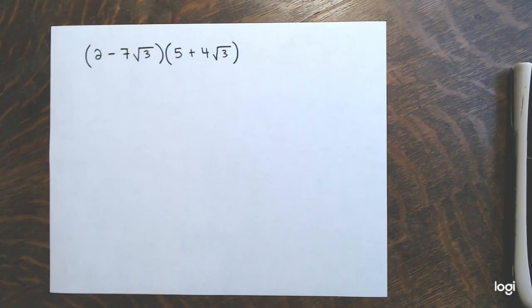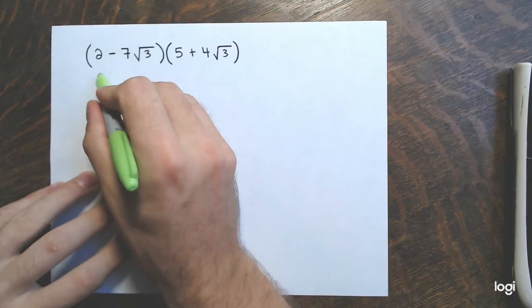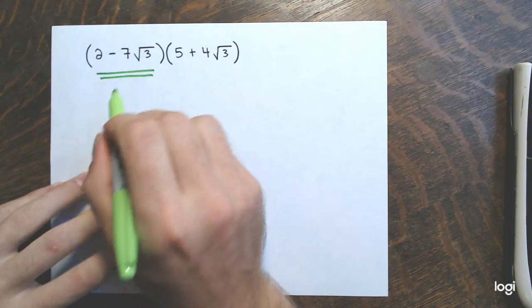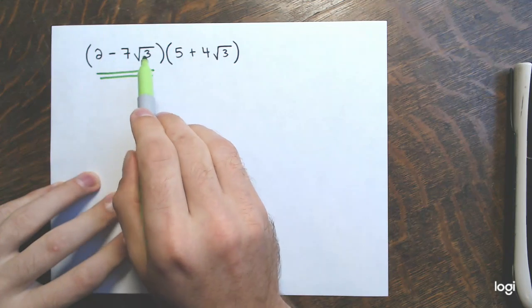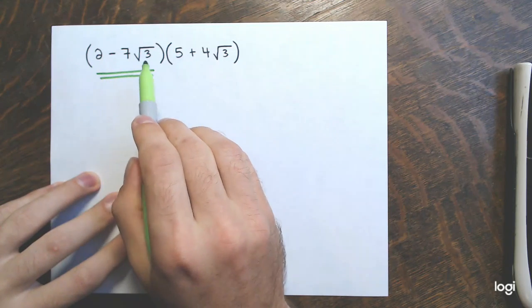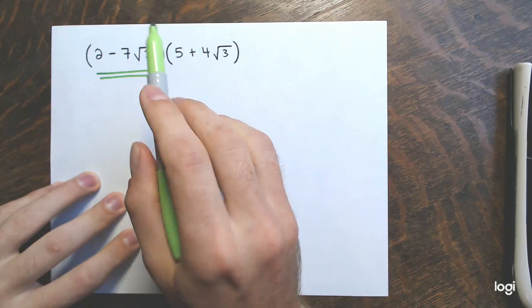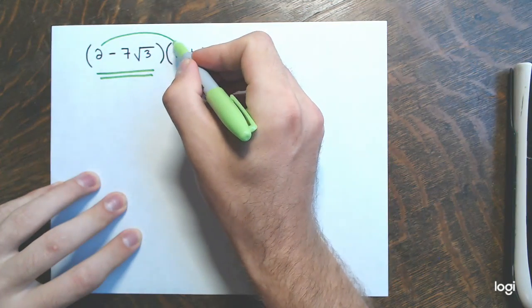Just as before, we multiply these as if we were multiplying polynomials. So I pick one of them, this one here, and then take each of these terms, the 2 and the -7 times the square root of 3, we'll distribute each of those to the other expression.